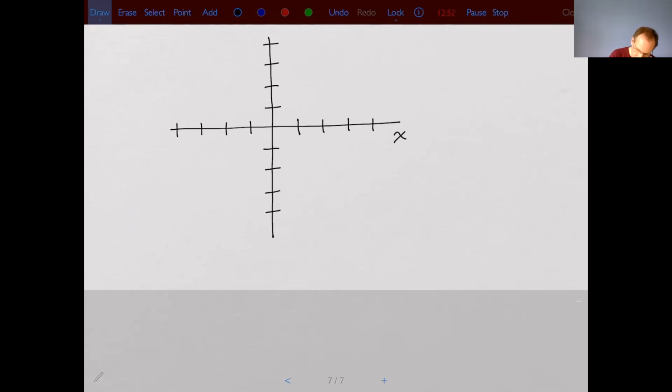Okay, so here is my, let me just draw a Cartesian coordinate system. Okay, so this is x, this is really m.